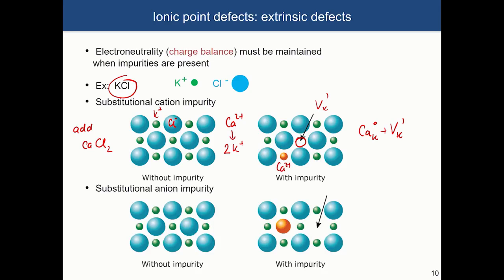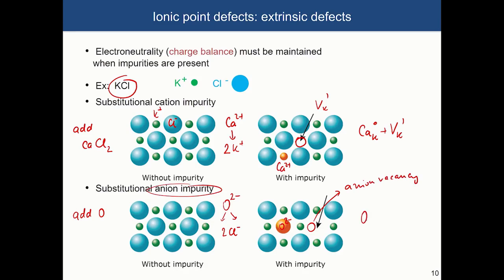Another example is if you have an anion impurity. For example, if you are adding oxygen into potassium chloride, because oxygen carries two negative charges and each chlorine atom carries one, if this was the oxygen, I have to form a vacancy, which is an anion vacancy.